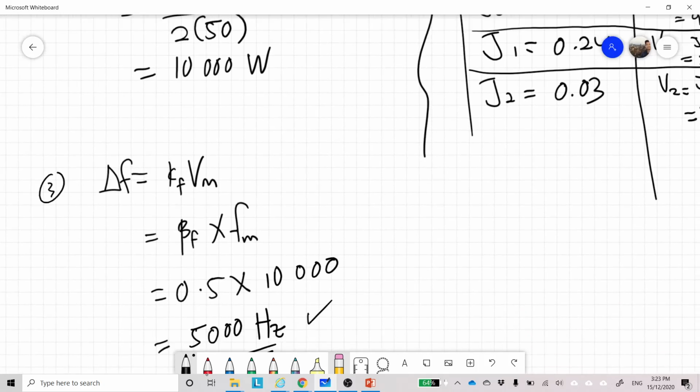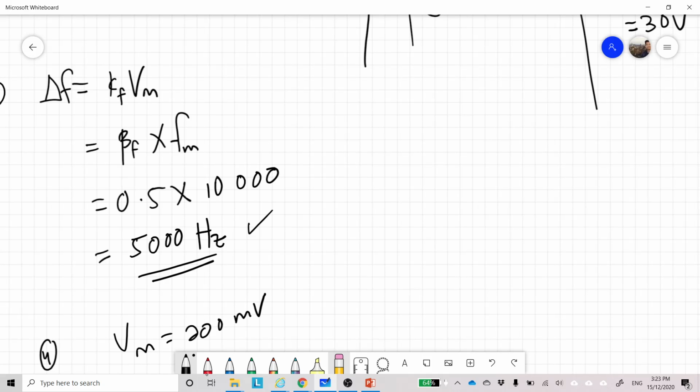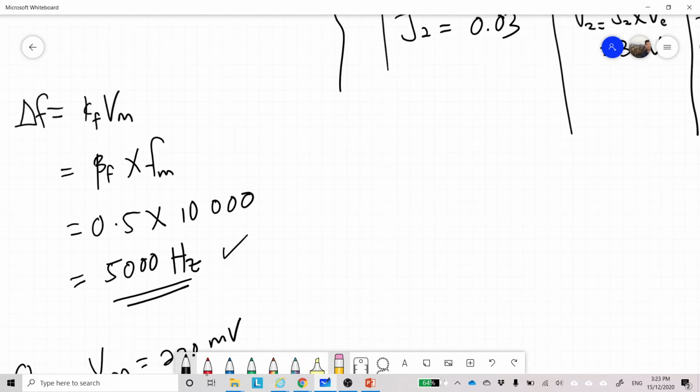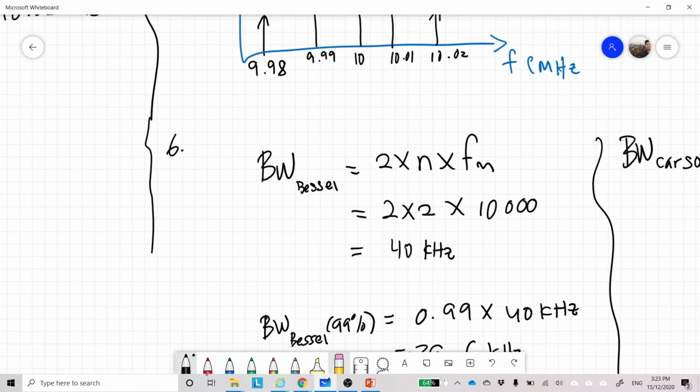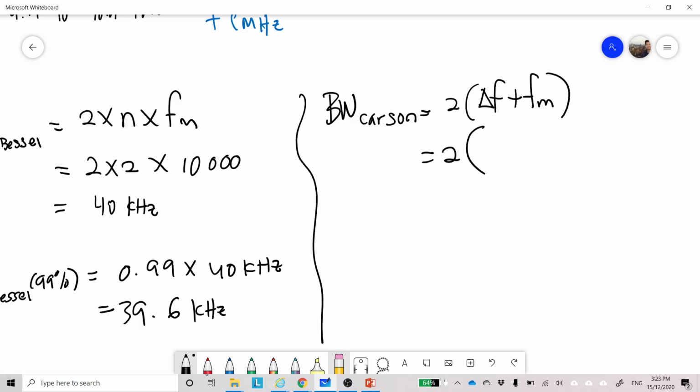Delta f kita dah kira bersamaan dengan 5 kilohertz. So delta f is 5 kilohertz plus fm is 10 kilohertz. Okay, so 15 times 2, you're gonna get 30 kilohertz.